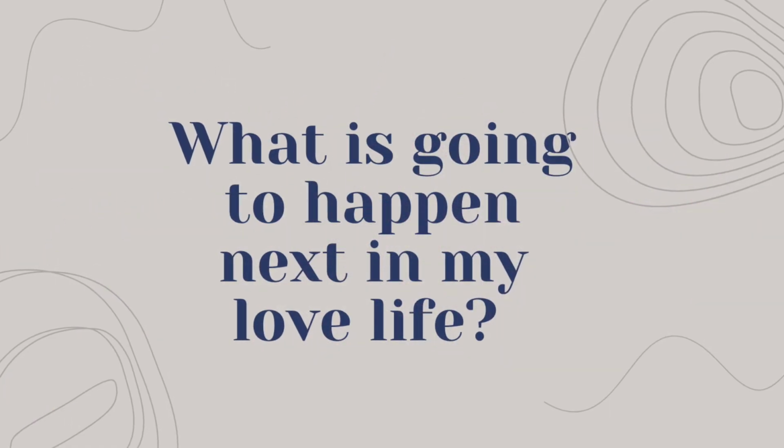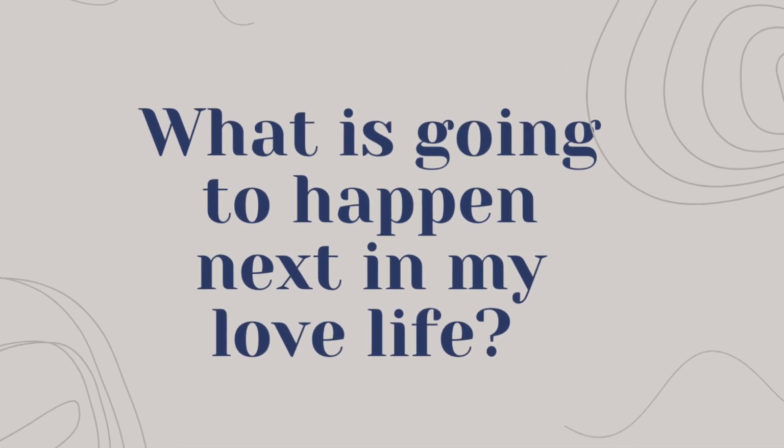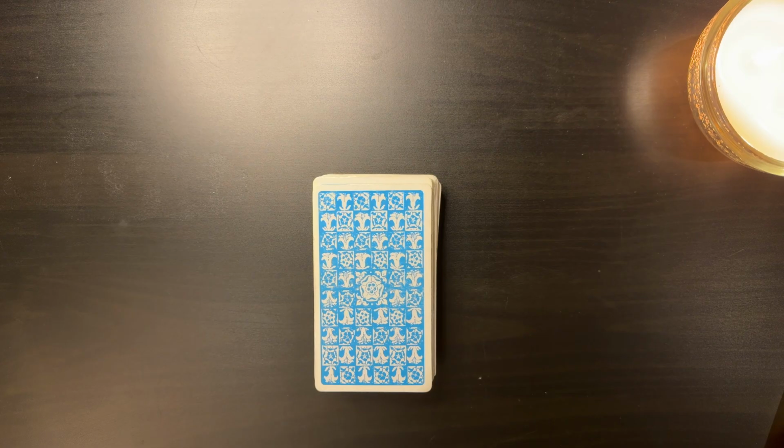The very first question that often gets asked to a tarot reader is, what's going to happen next in my love life? It's a very popular question with most of my clients as well. So let's see how we can do a simple past, present, and future reading with just three cards. For every reading, obviously, you have to shuffle your deck, and you can shuffle it as many times as you want.